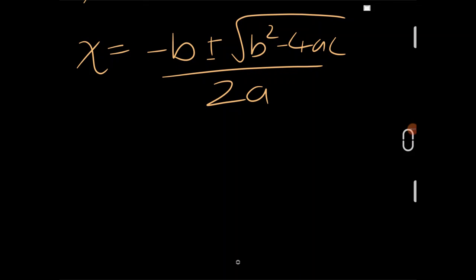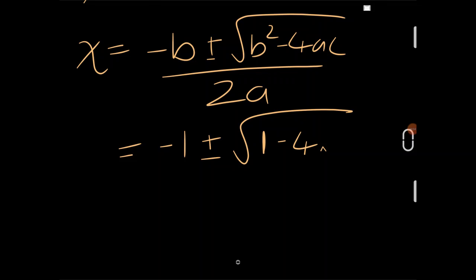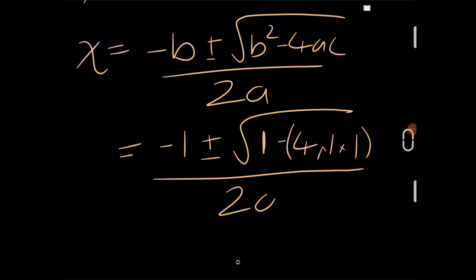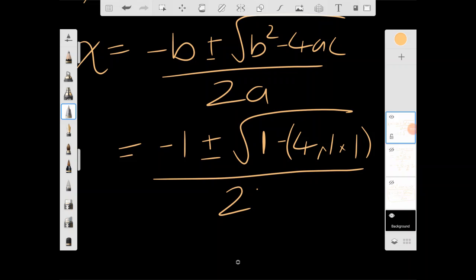We know that a, b and c are all 1, so this will be minus 1 plus or minus root of b square, which is 1 square, 1, minus 4 into 1 into 1, whole divided by 2a. A is also 1, so 2 into 1 will be 2 itself.